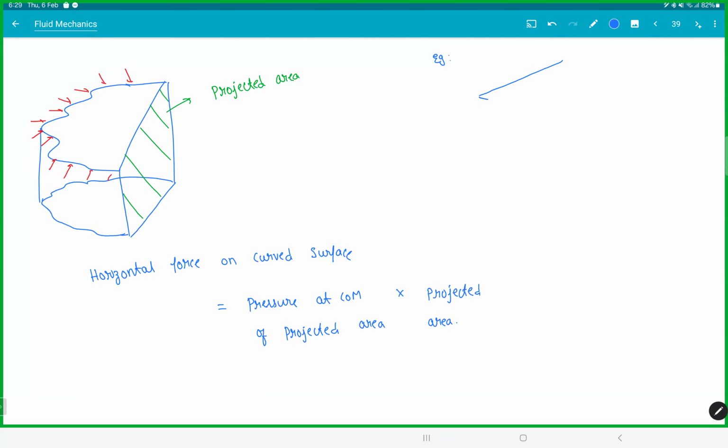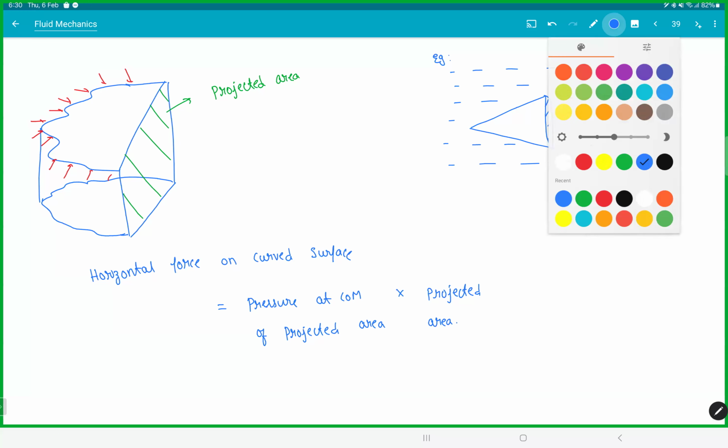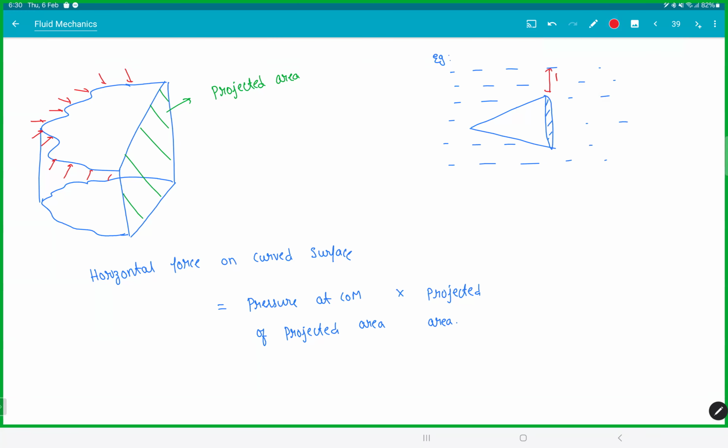Suppose I take a cone like this, let this be height h. This would be the center of mass of this. This is R. So the force acting on this curve, if you see, this is how the pressure is acting. This would be the projected area here, the disk.